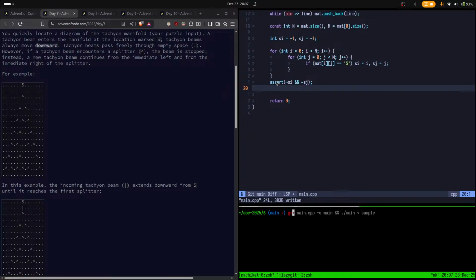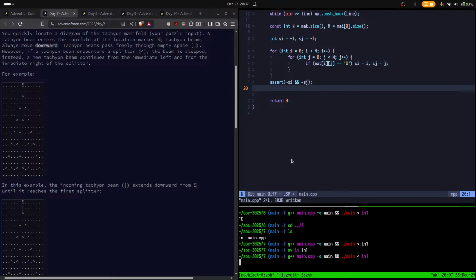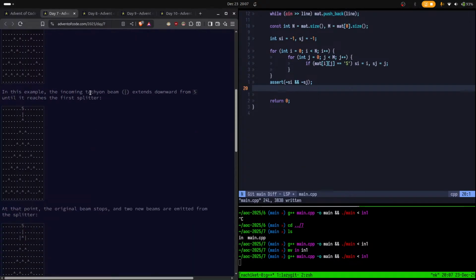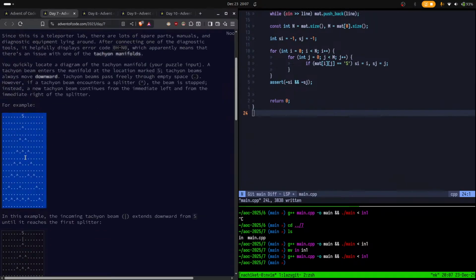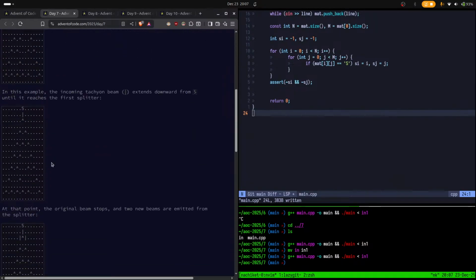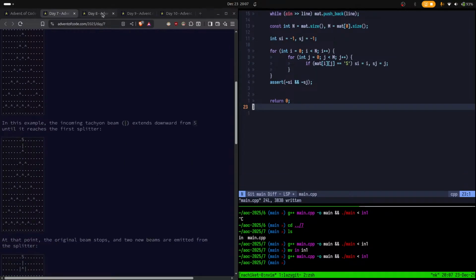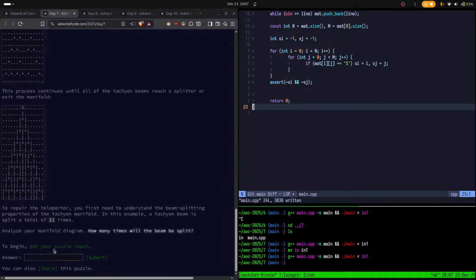Let's try on the sample input. Cool. So I pass the input right now, else the main input.